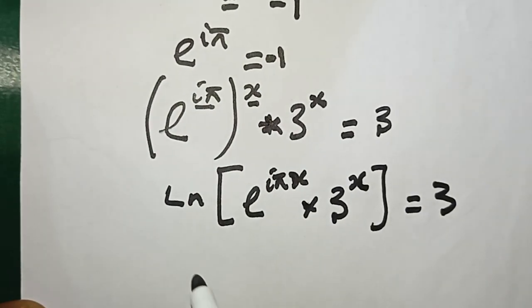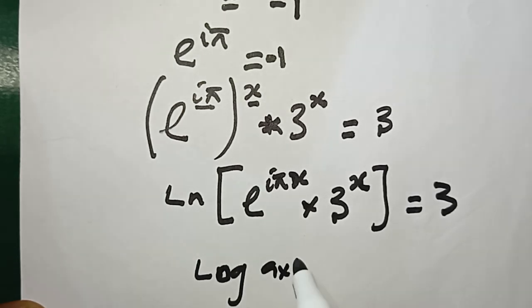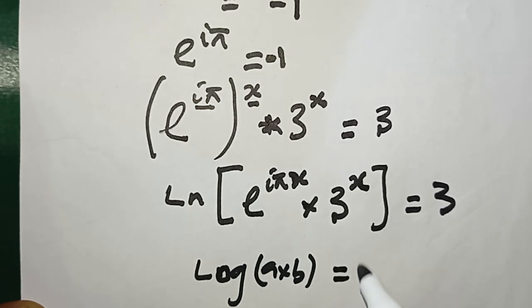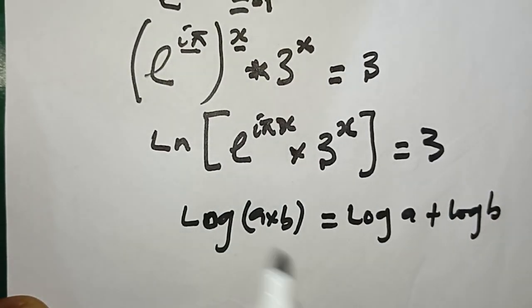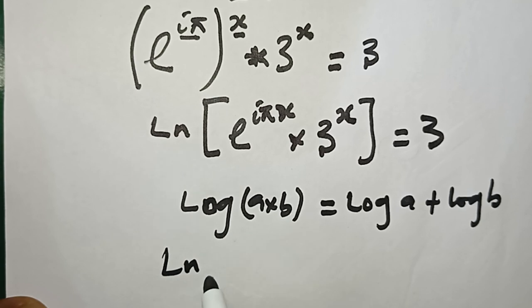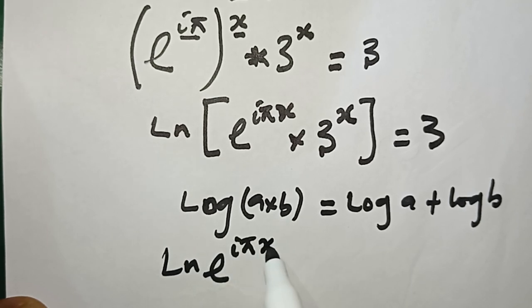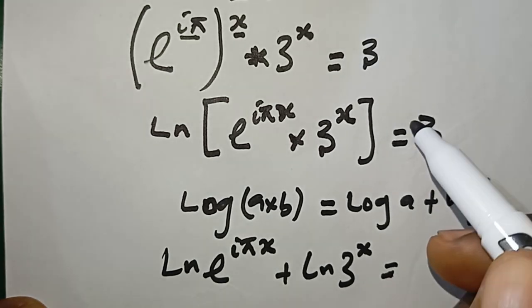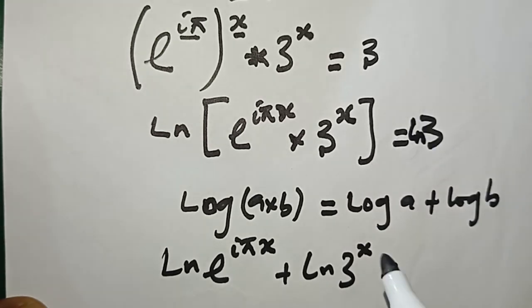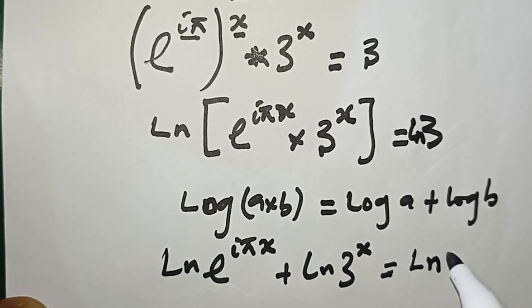Now you know that in logarithms, when you have log of a multiplied by b, you can expand this as log a plus log b. So I'm also going to use that rule to expand this, and that's going to be the natural log of e^(i pi x) plus the natural log of 3^x, and this will be equal to the natural log of 3, because we are taking the natural log of both sides.